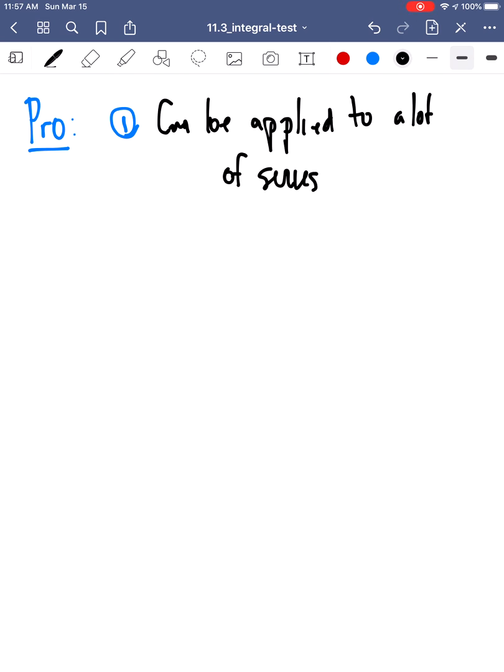So far before this test, all we had was hopefully this series could either be geometric or maybe it's possibly telescoping, but if it was not one of those two things, we were out of luck. So again, this is the first series test that can be applied to a lot of series to test for convergence or divergence.